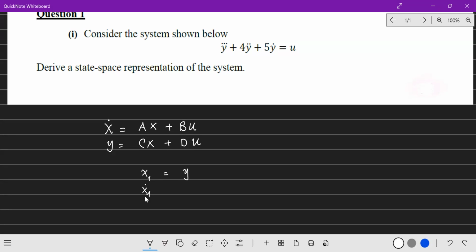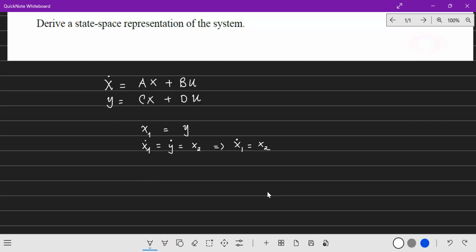The derivative of x1 is equal to y dot. I'm just differentiating both sides, and I'm going to call this x2. So x2 is equal to x1 dot. So x1 dot is equal to x2.